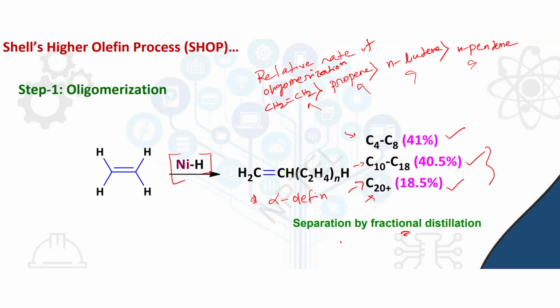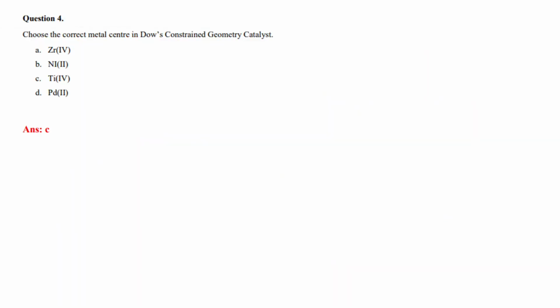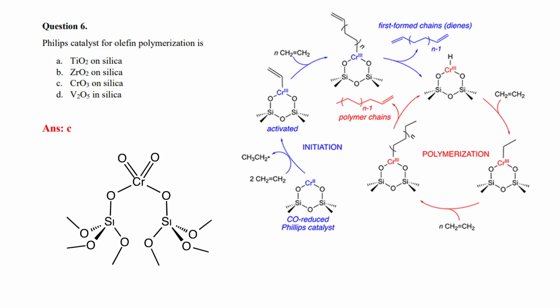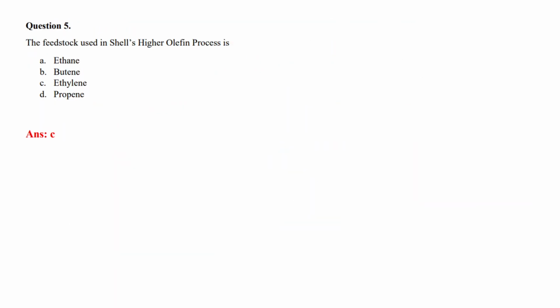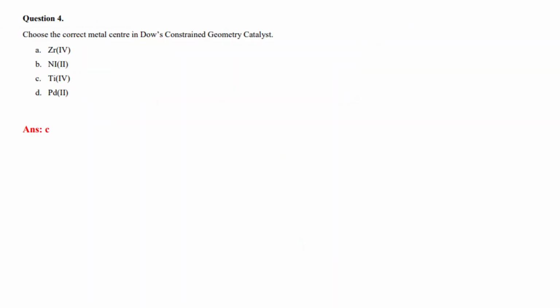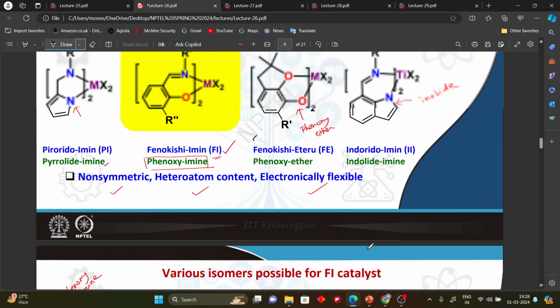Just continue. For the Dow constrained geometry catalyst, it is titanium 4 obviously. Now let's look at that lecture slide.